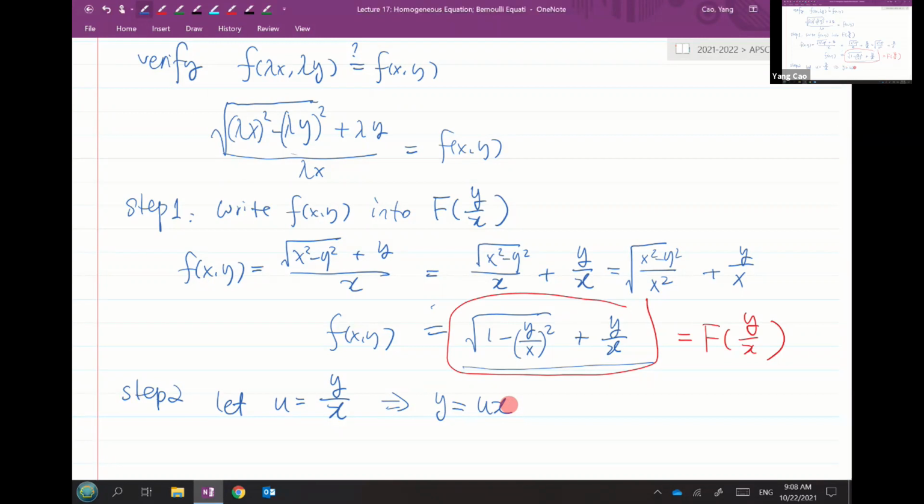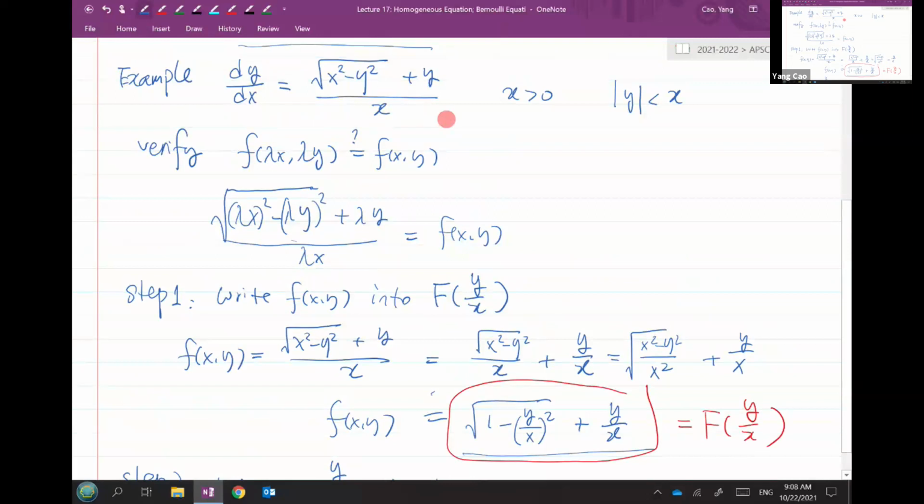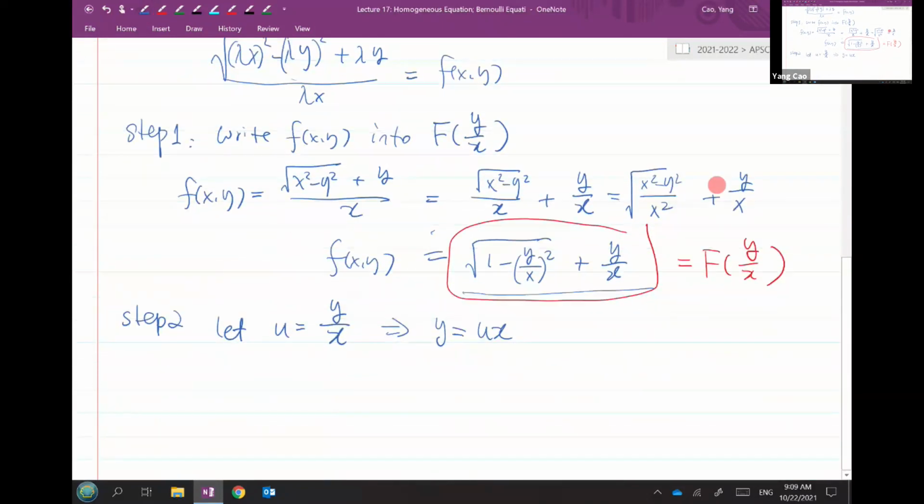The idea, as you're going to see, is we introduce a new variable u, and then the original first order differential equation, we will be able to transform into a function in terms of the u variable, which will become a separable equation.